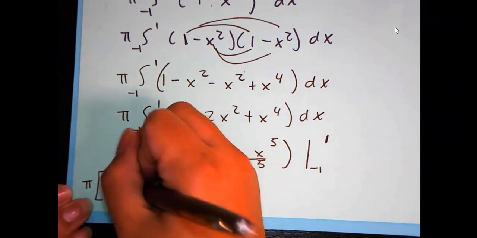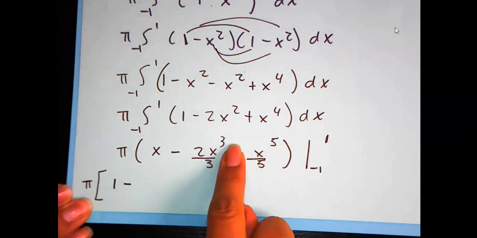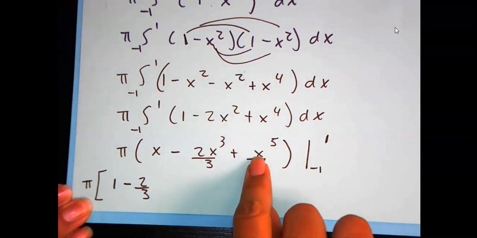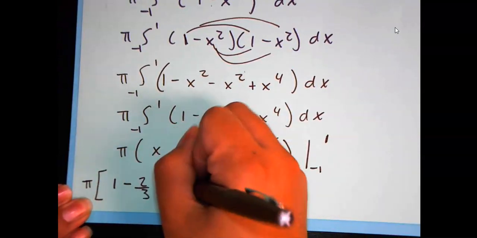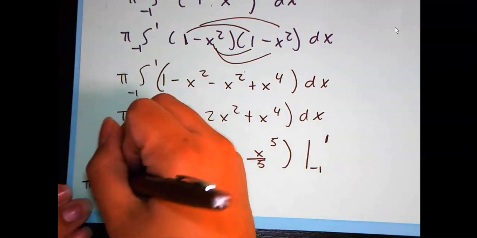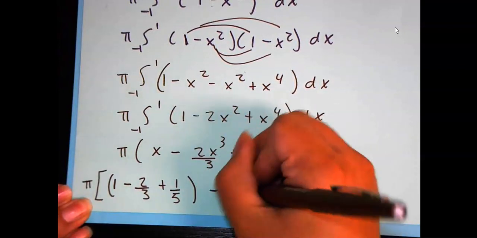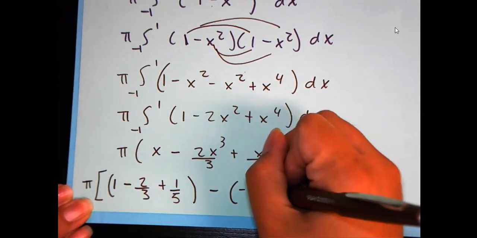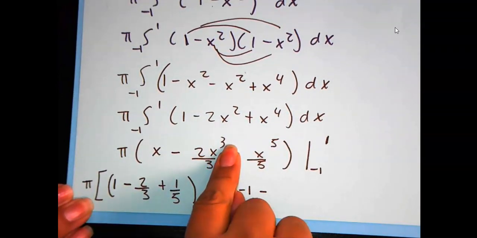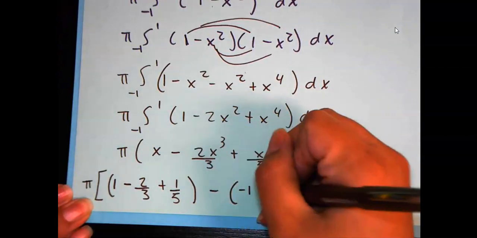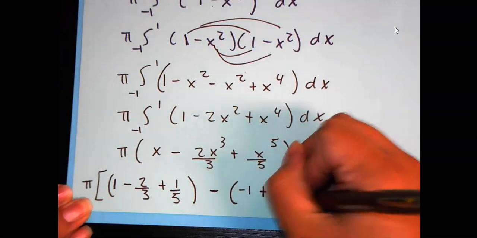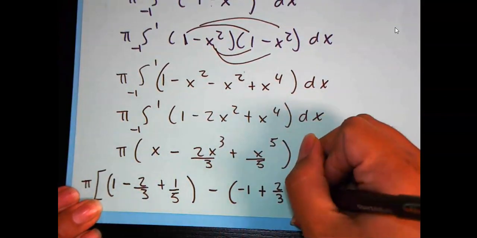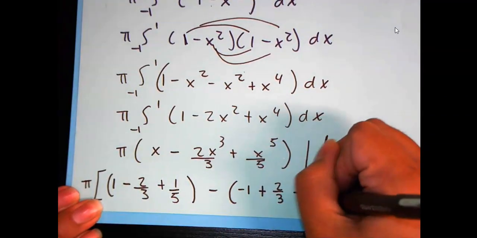It's going to be 1 minus 2 thirds, plus 1 over 5. Whatever we get here, minus, and this is going to be -1. This is -1 cubed, it's going to be negative, times that negative is going to become positive. And then here, this is going to be negative 1 to the 5th power, negative 1 over 5.